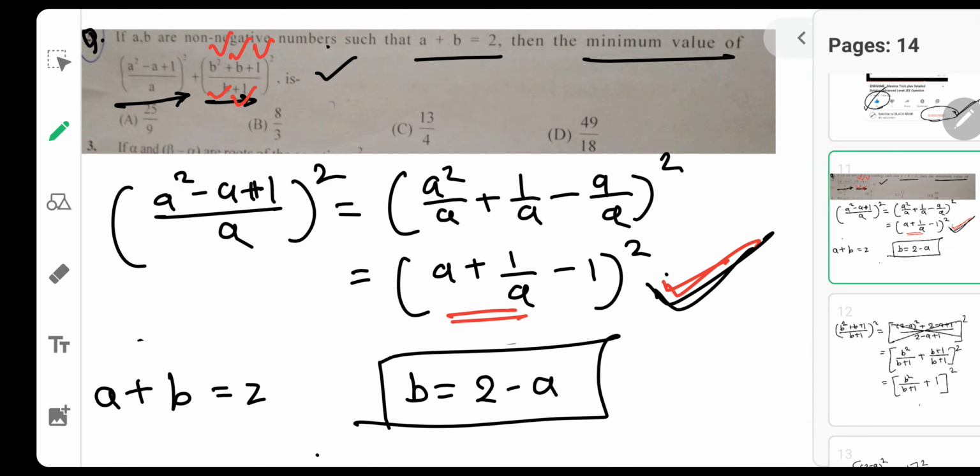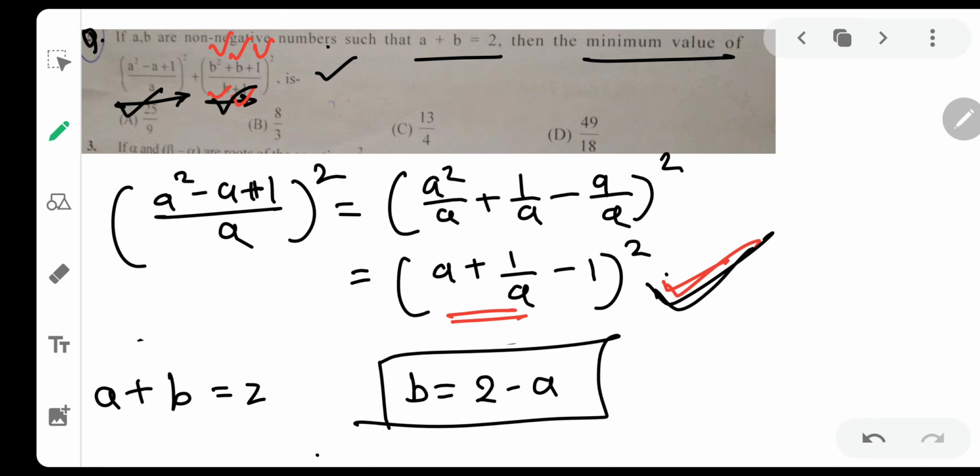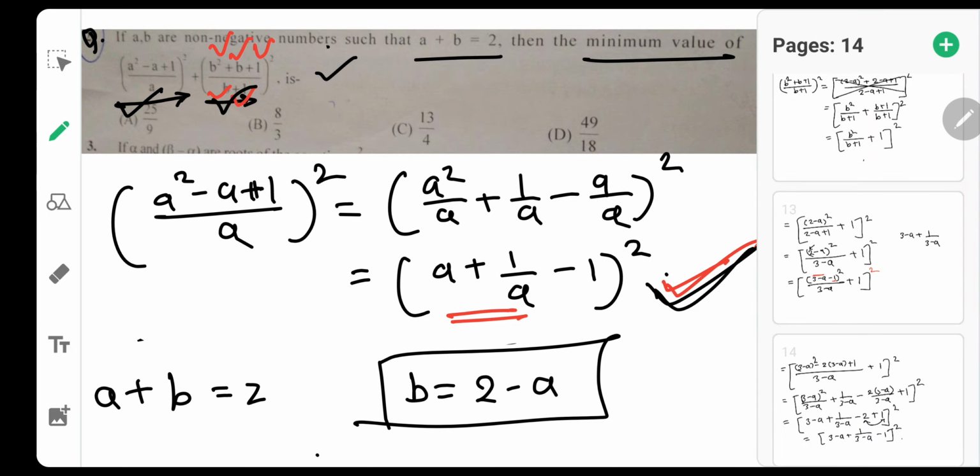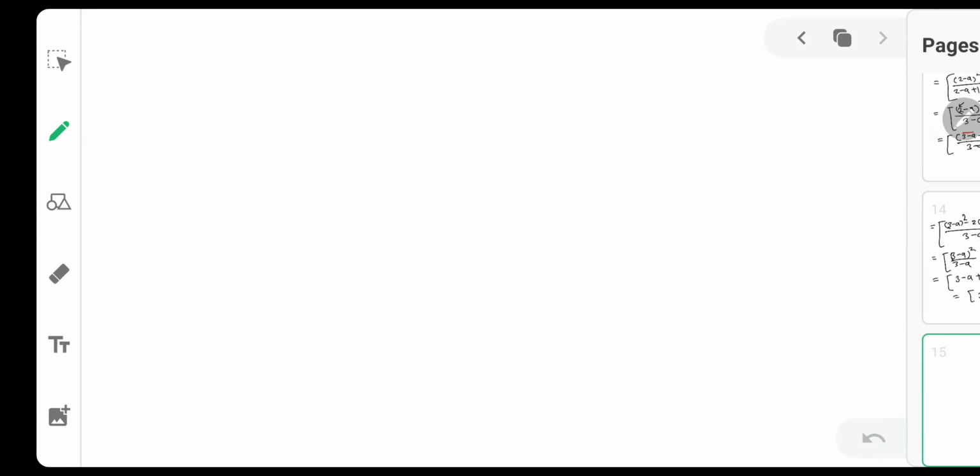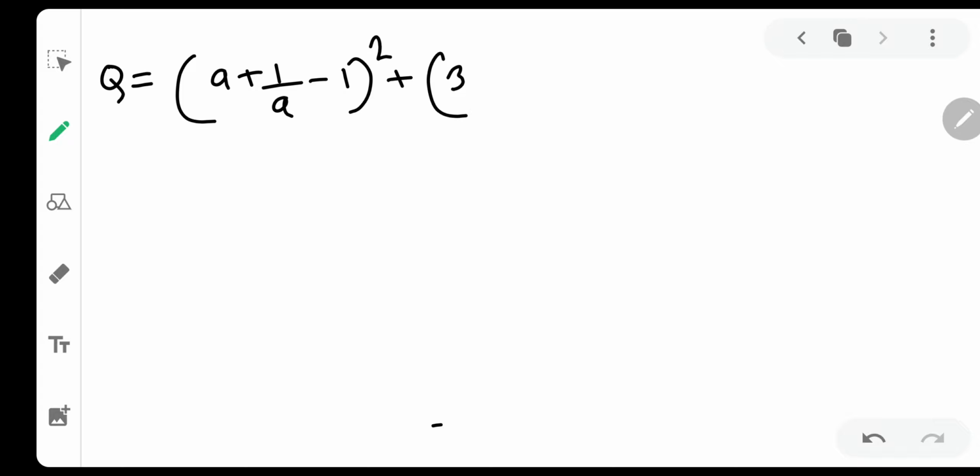The question wanted this square plus this square and then the minimum value. So I will write down the question once again in order to understand it in detail. The question got reduced to (a plus 1) upon a minus 1 the whole square, and (3 minus a plus 1) upon (3 minus a), and then minus 1 the whole square.